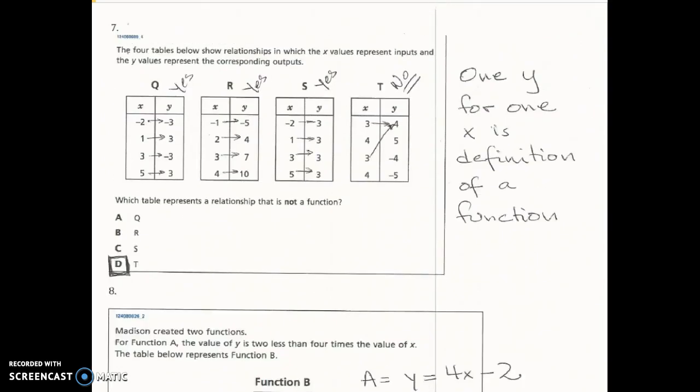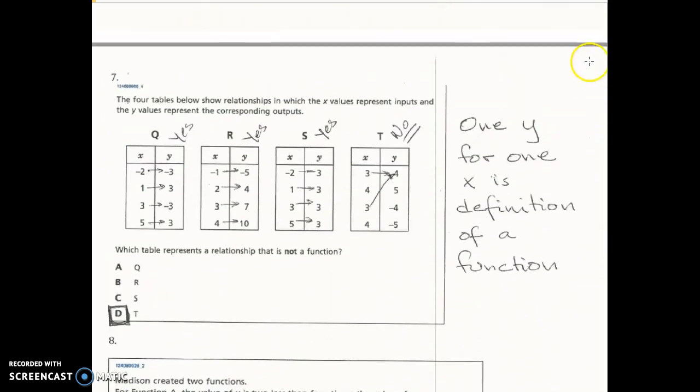Question number 7 is a function question, and it really just wants you to find which one of these functions is a one-to-one relationship. So one-to-one, what I'm saying is there is only one y for one x, and that is the definition of a function. Now what I need to do is actually test each one.